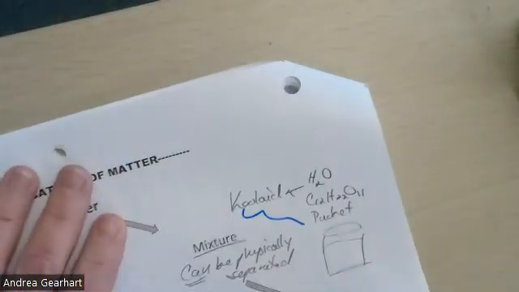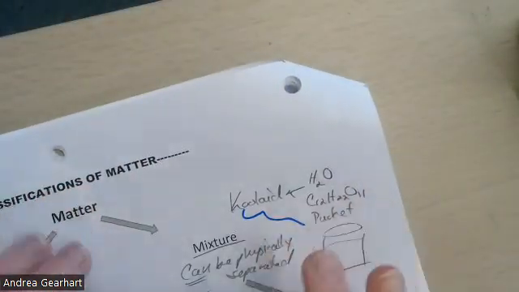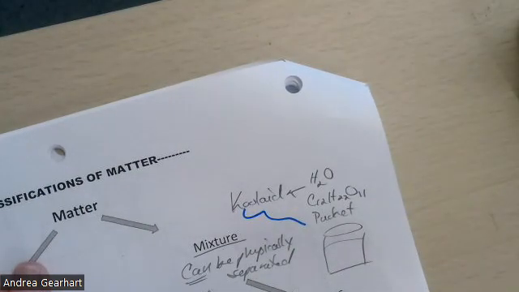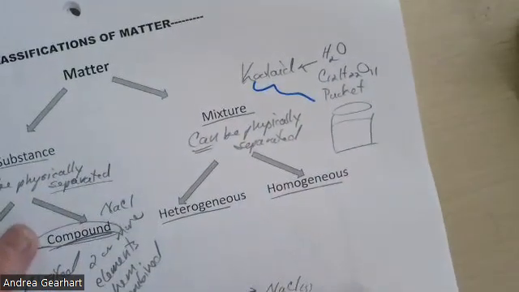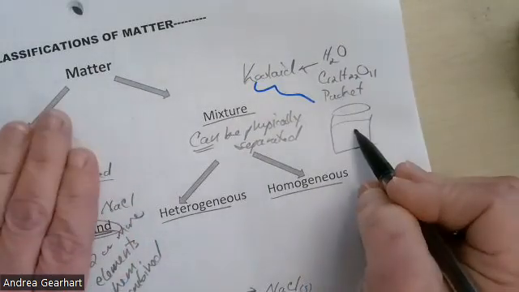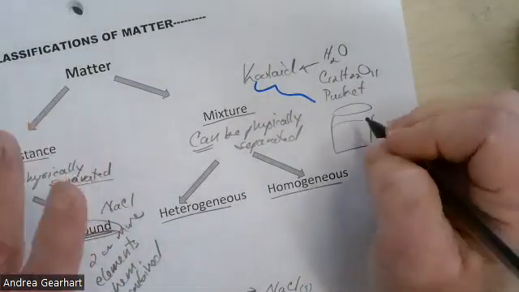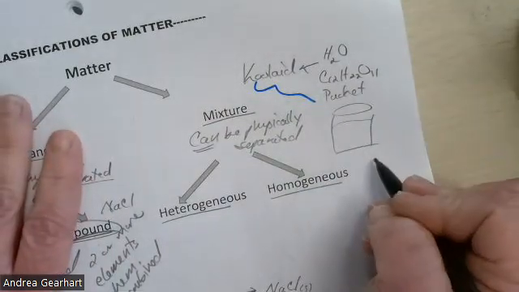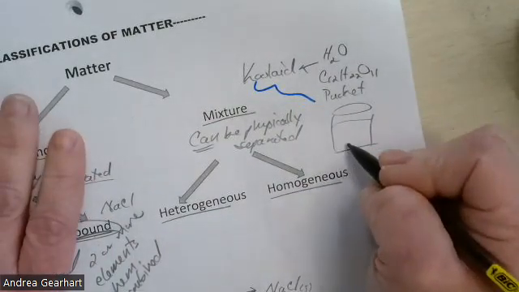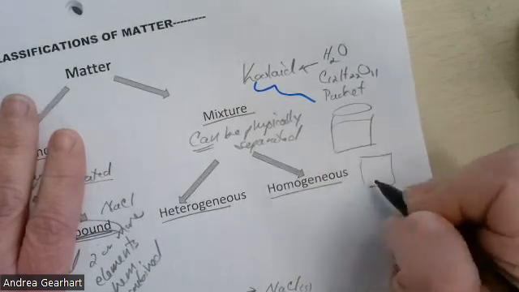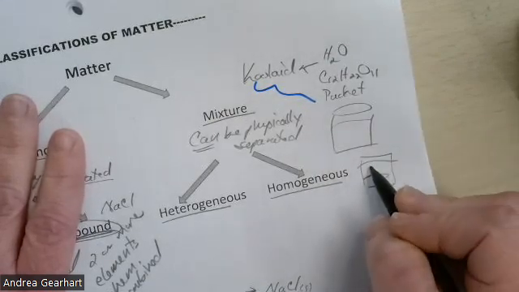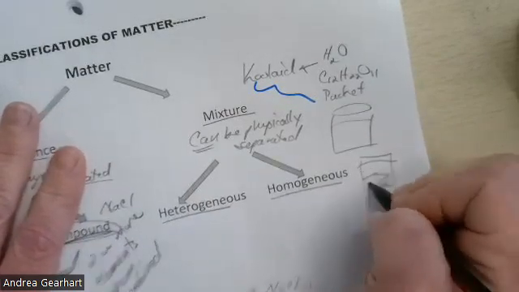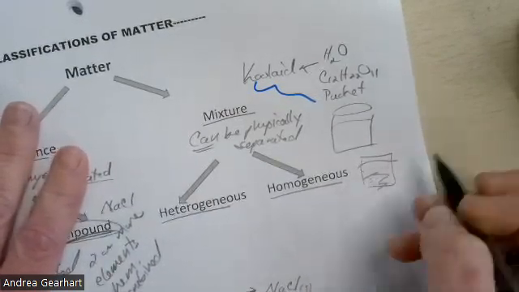All right, let's go back to mixtures. Mixtures can be further classified as heterogeneous or homogeneous. It has everything to do with consistency. Kool-Aid: to the naked eye, you cannot see layers. If we had sand in water, you can see the sand sink to the bottom. Even if you give it a stir, you can see the individual sand grains.